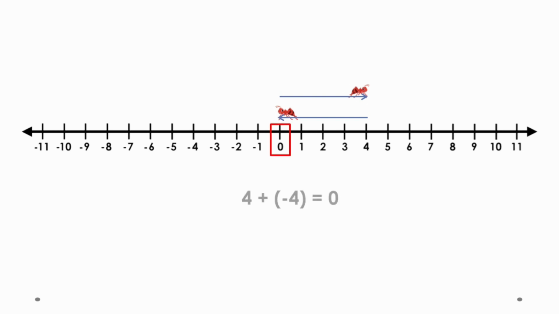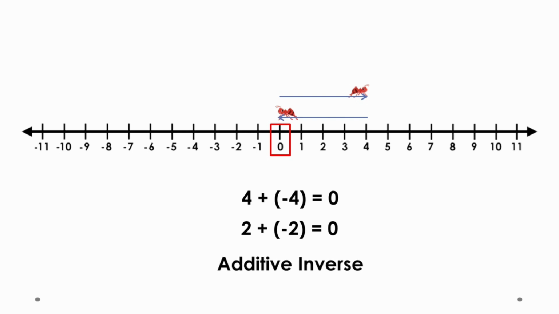So 4 plus minus 4 equals 0. Similarly, when we add 2 and minus 2, we get the sum as 0. Numbers like 4 and minus 4, 2 and minus 2, when added to each other, give the sum 0. They are called additive inverse.